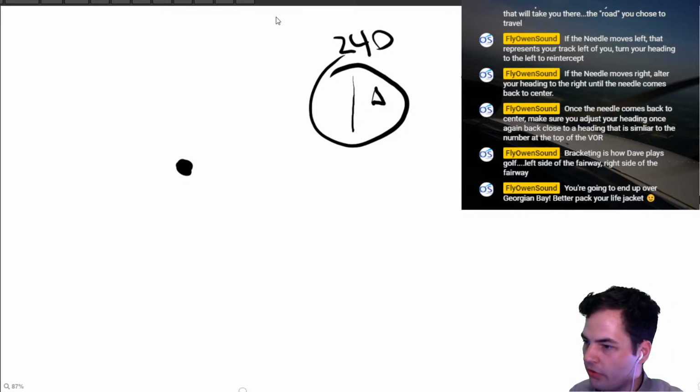So what does that mean? Well, that means if I fly a heading of 240 degrees, it's going to take me directly to the VOR.